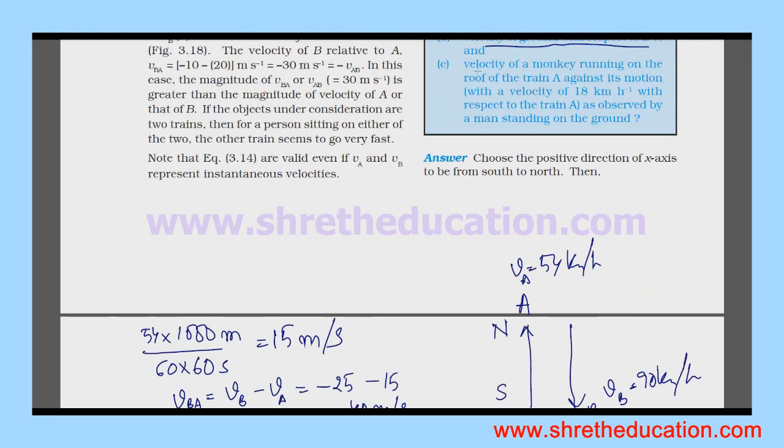Next question: the velocity of a monkey running on the roof of a train against its motion, with a velocity of 18 km per hour with respect to the train.